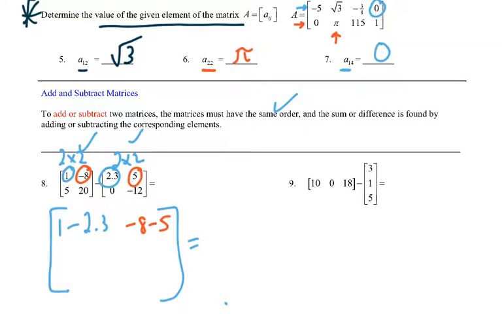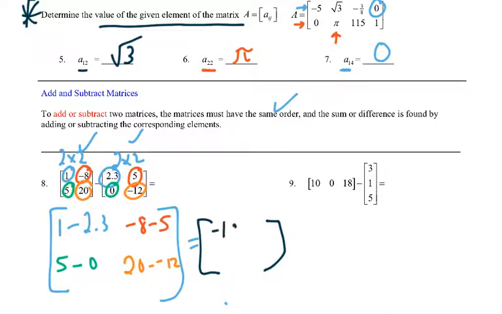Then row 2, column 1, so 5 minus 0. And then row 2, column 2, so 20 minus negative 12. So our resulting matrix is going to be negative 1.3, negative 13, 5, and 32.